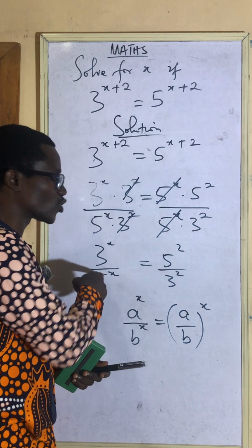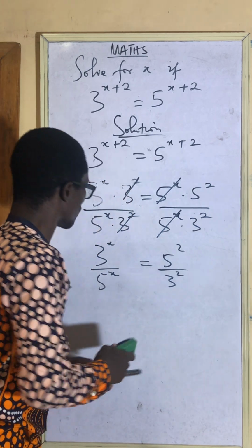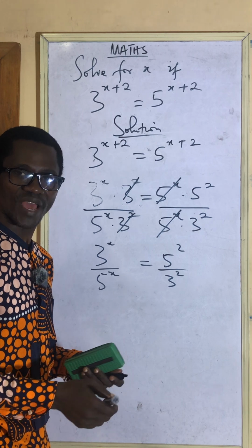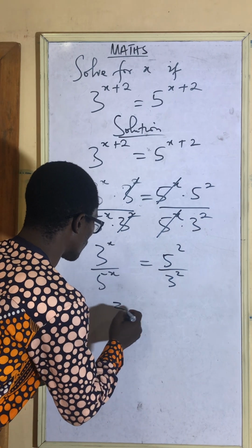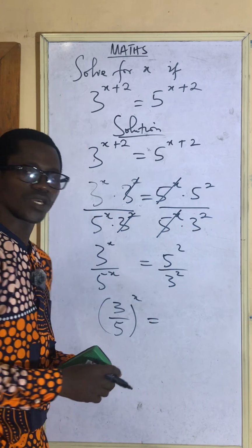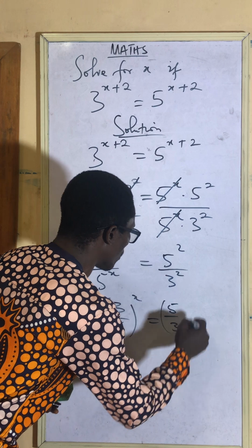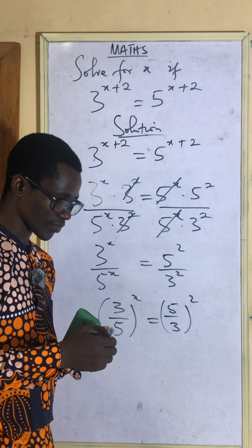And that is what is going to be applicable here. And so 3 raised to power x over 5 raised to power x will become 3 over 5 all raised to power x is equal to 5 over 3 all raised to power 2.